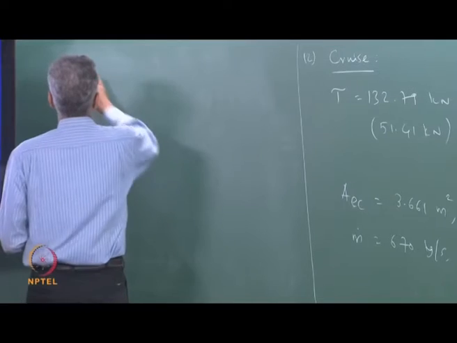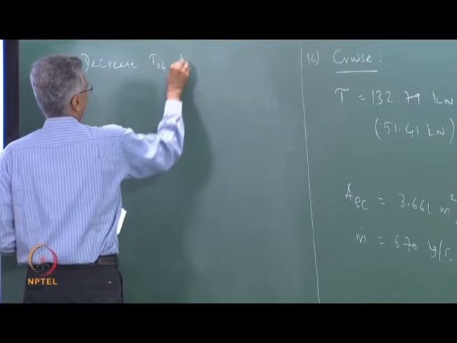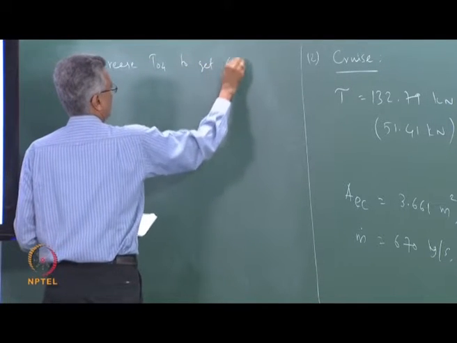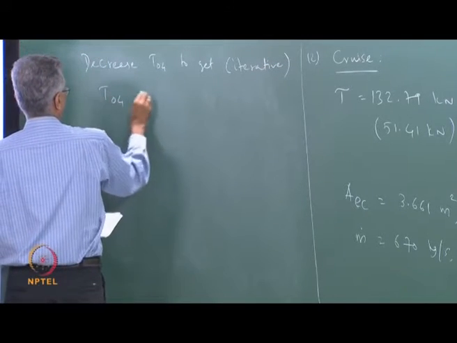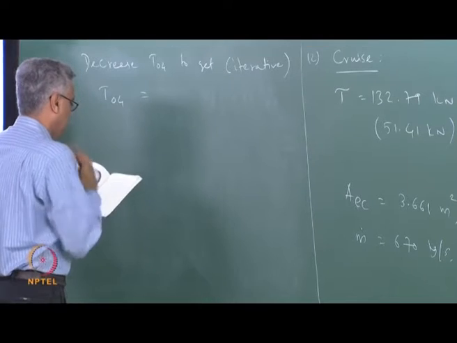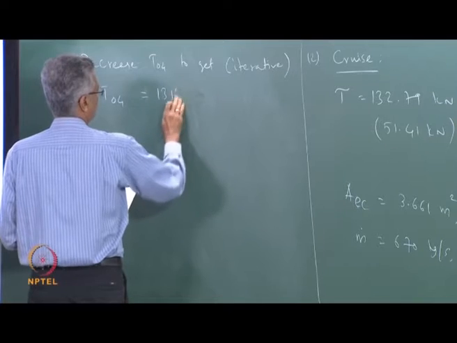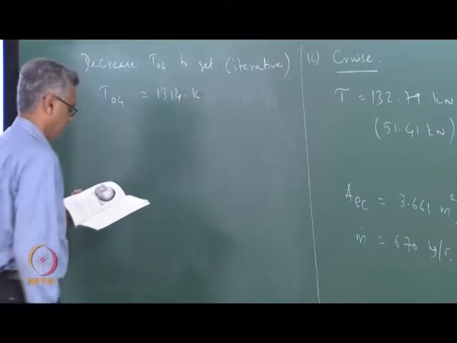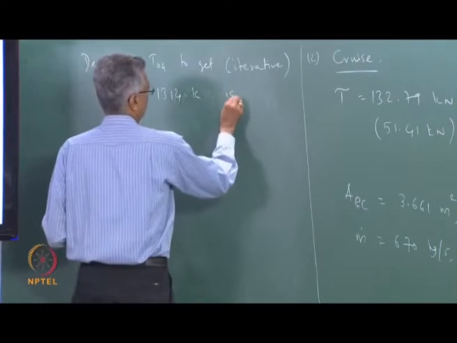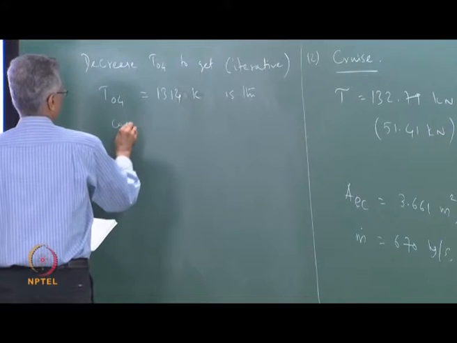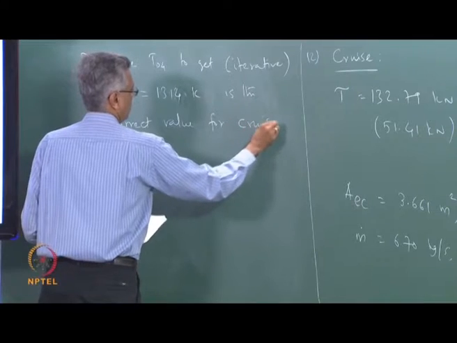So we decrease T04 to get, and again this is iterative, for the cruise condition, it turns out that a T04 of 1313.8, or let me just put it as 1314 Kelvin, is the desired value for the cruise condition.